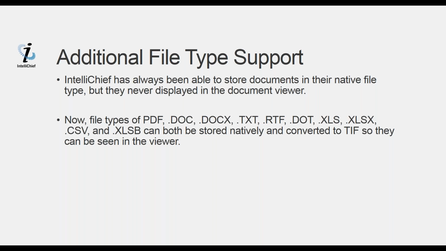So an Excel spreadsheet is brought into IntelliChief, it's indexed, it's stored as Excel, it's displayed in the viewer as a TIFF if you search for it and retrieve it, and you still have the option to open that document in its native file type to take advantage of whatever specific features and functions are inherent in Word or Adobe or Excel as an example.